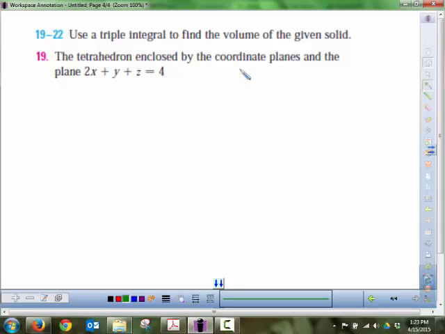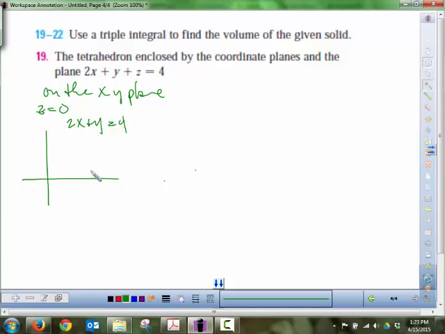One of the coordinate planes is the xy plane, right? What is the equation for the xy plane? Z is equal to 0. And so when z is equal to 0, you have 2x plus y is equal to 4.